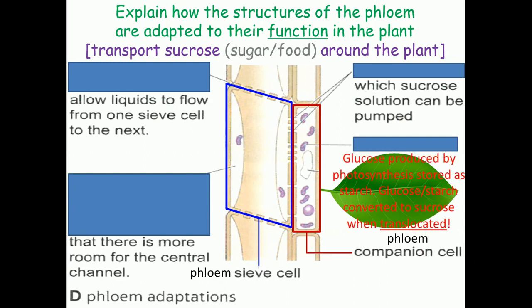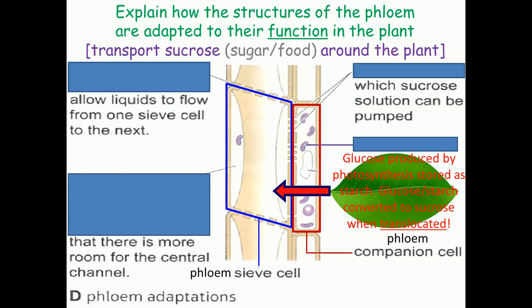And when glucose is produced by photosynthesis, it can be stored as starch, and that glucose or the starch is then broken down or converted into sucrose that can be translocated, which means that it's transported to other parts of the plant. When it's transported to other parts of the plant, that's known as translocation.